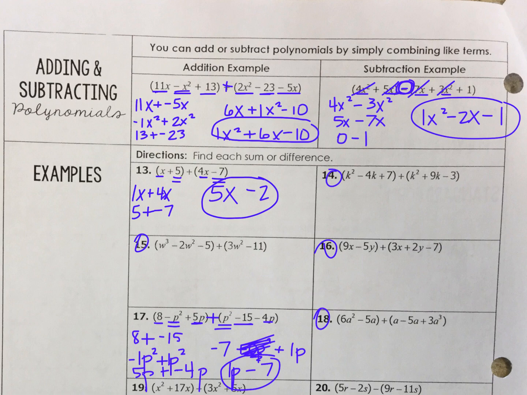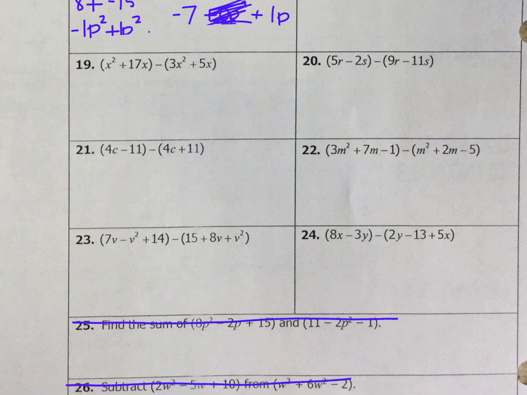I'm going to give you two examples of subtraction, and then I want you to do the rest of those too. All right, we're going to do the exact same thing we did before, except instead of adding the numbers, that middle sign tells me I have to subtract.